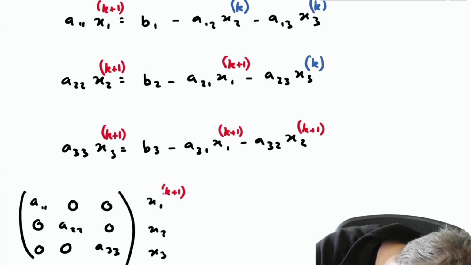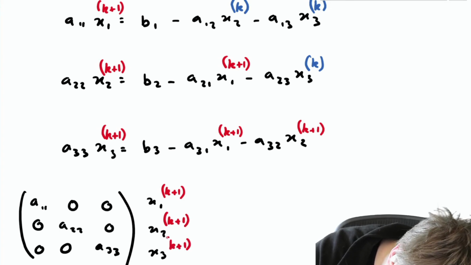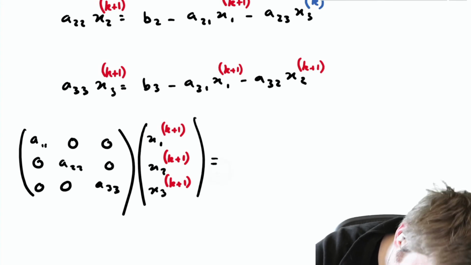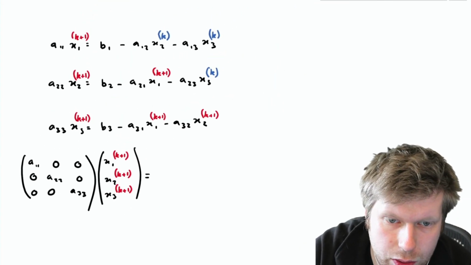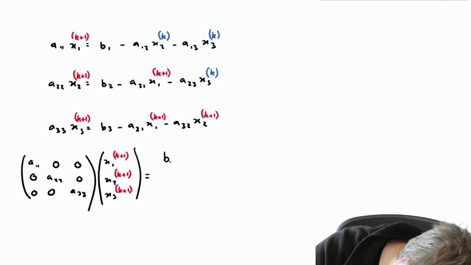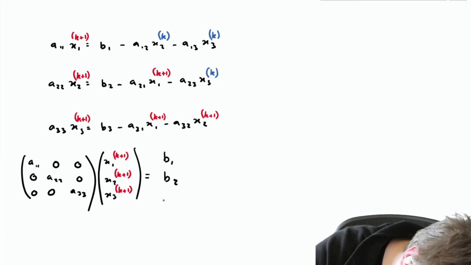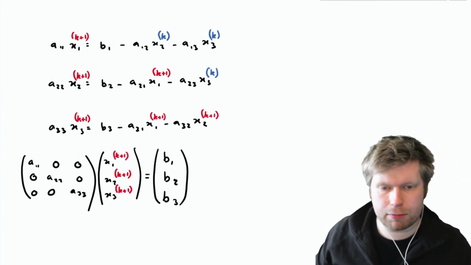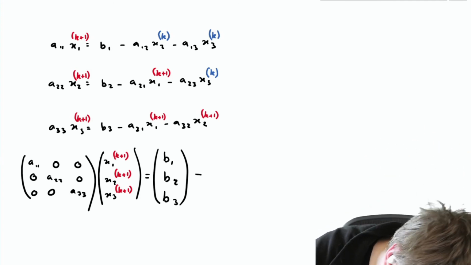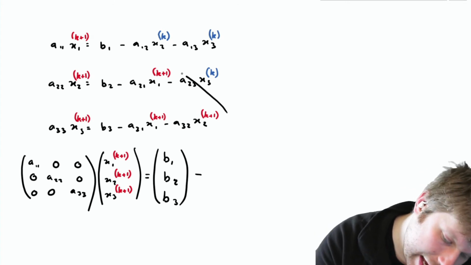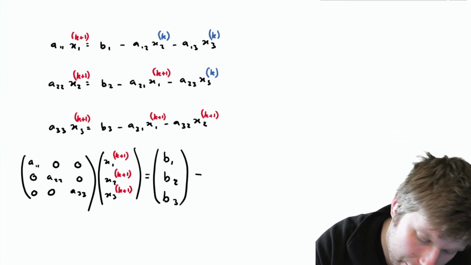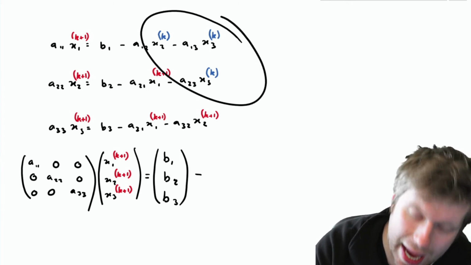That's fine. However, I need to be a little bit more careful about what's going on the right-hand side. So again, I'm still going to have my B matrix. Let me just zoom out slightly so I can fit it in. I'm still going to have my B matrix or B vector, on the basis that a vector is just an n by 1 matrix. Minus, now I need to be a bit more careful, because you can see that some values are my x values at the k+1th step, and some values are my x values at the kth step.